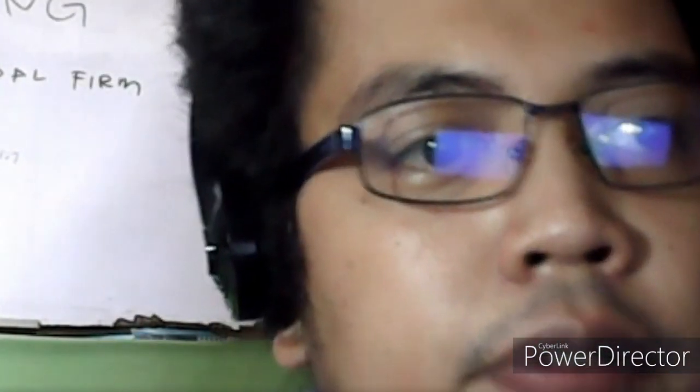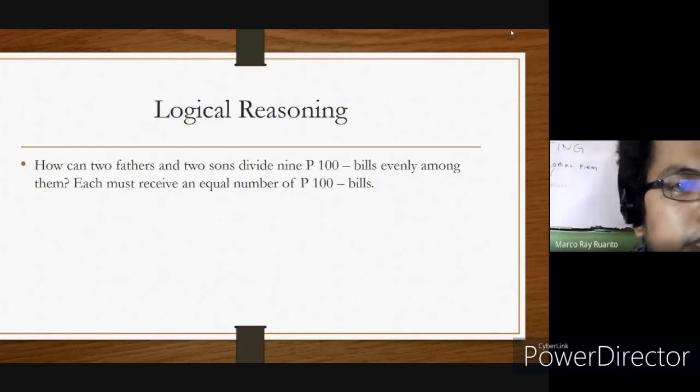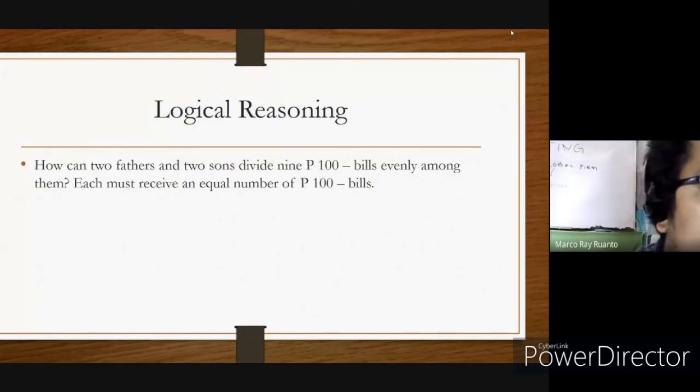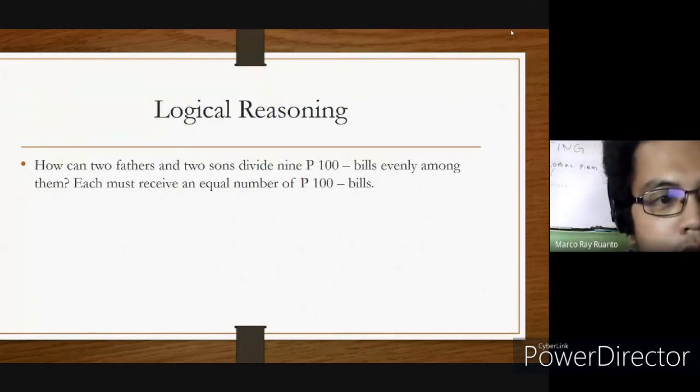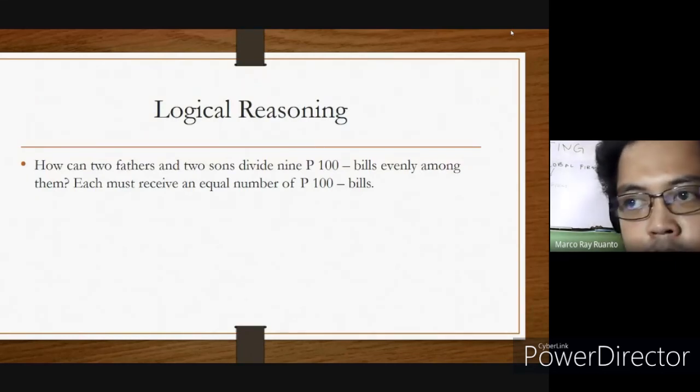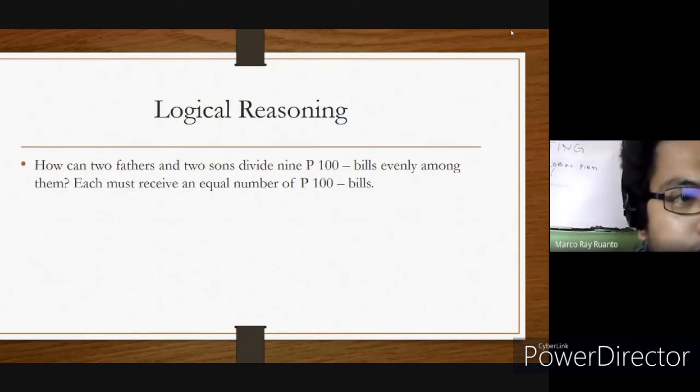How can two fathers and two sons divide 900 peso bills evenly among them? Each must receive an equal number of 100 peso bills. If we read this problem, it seems like there are four people involved.